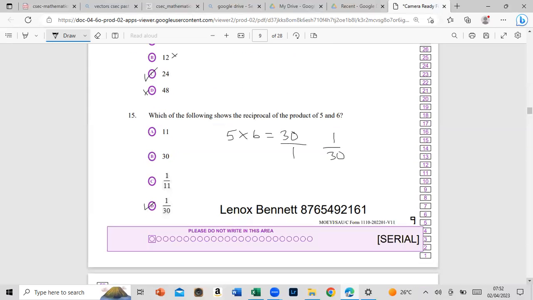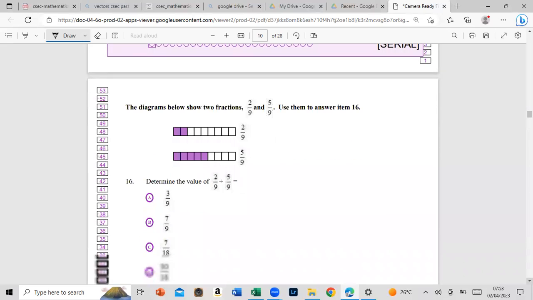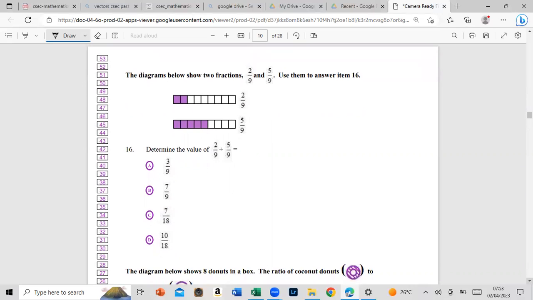Alright, let's move on to 16. The diagram below shows two fractions, 2/9 and 5/9. Use it to answer item 16. Determine the value of 2/9 plus 5/9. First thing we do when we are adding fractions, we check our denominators to see if they are the same. If they are the same, then we just add the numerators.